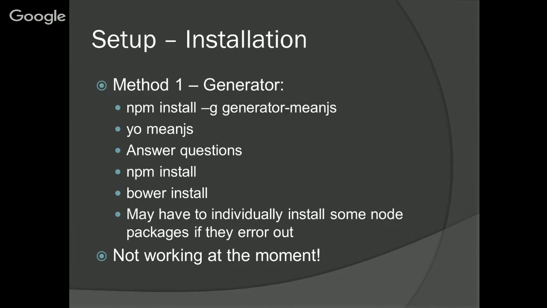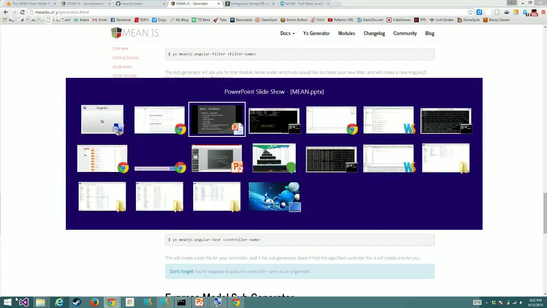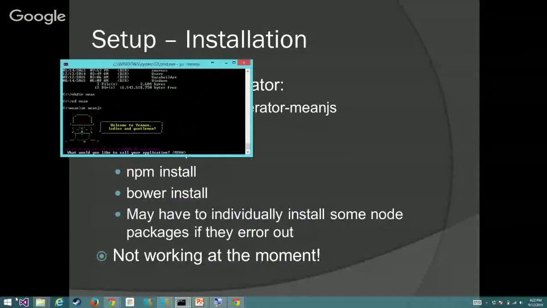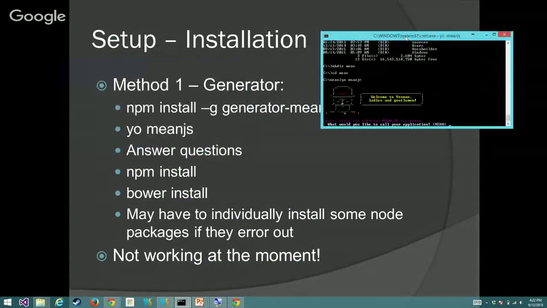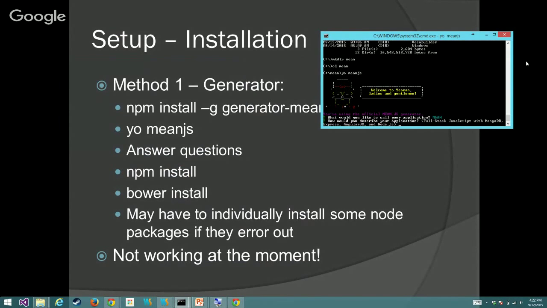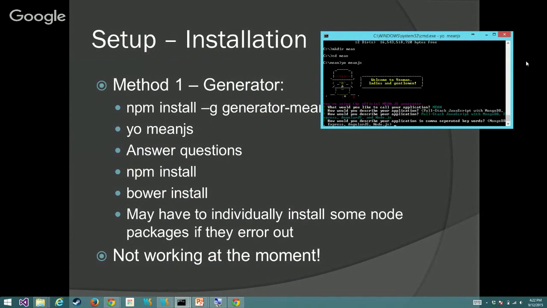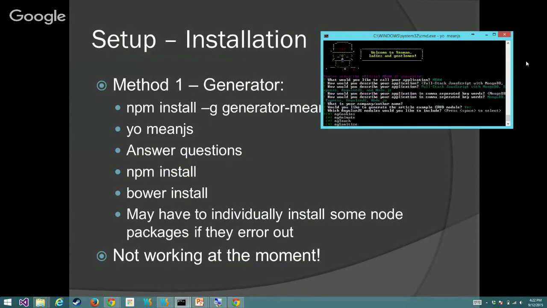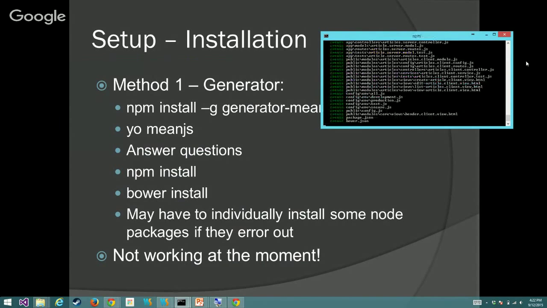So this is the generator method. I suppose I skipped the step of actually installing the generator, just generator Mean.js. So I've done the Yo Mean.js step. So this is basic Yeoman stuff. It pops up the little butler-y guy or whatever the hell. That's their thing. You can choose your name for the app, descriptions, keywords, company name, whether to include the CRUD sample or not, different Angular services to include, and that's it.